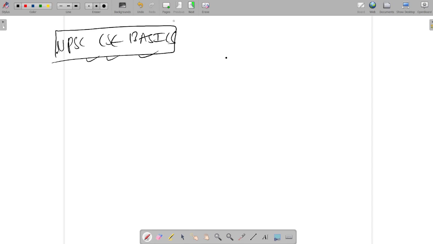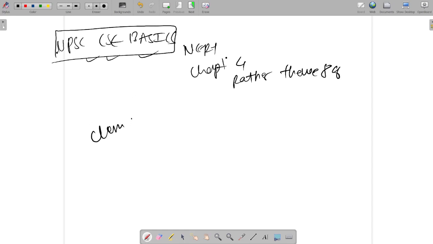In this series of NCERT, we are dealing with the chapter 4, rather theme 8 of class 12 NCERT, Themes in Indian History, Part 2.